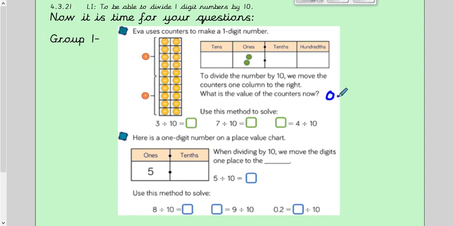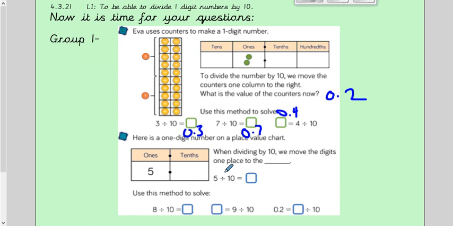Use this method to solve these. So 3 divided by 10 is 0.3, 7 divided by 10 is 0.7, and 4 divided by 10 is 0.4. Don't be fooled just because it's the other way around, it's the same thing.